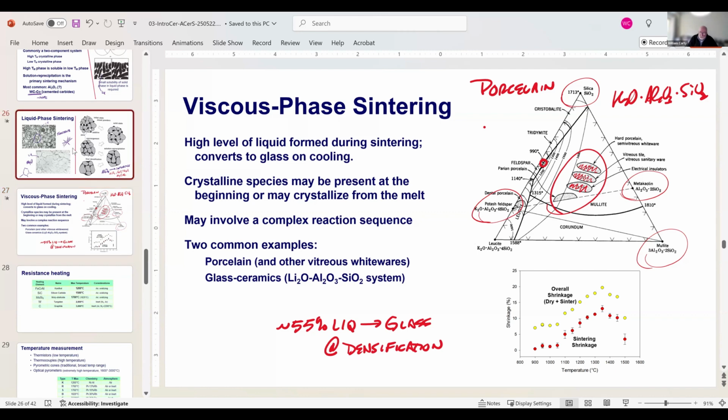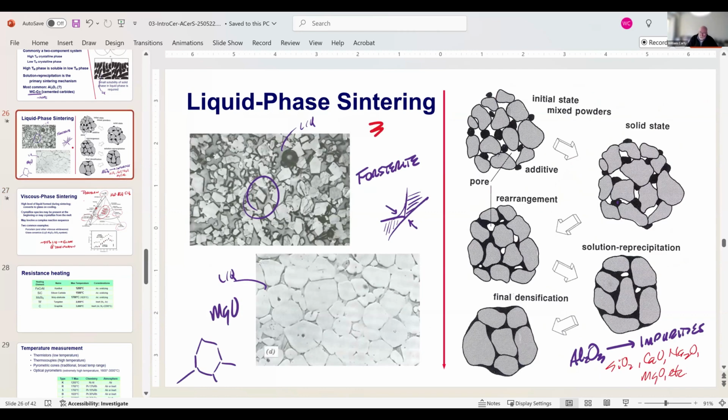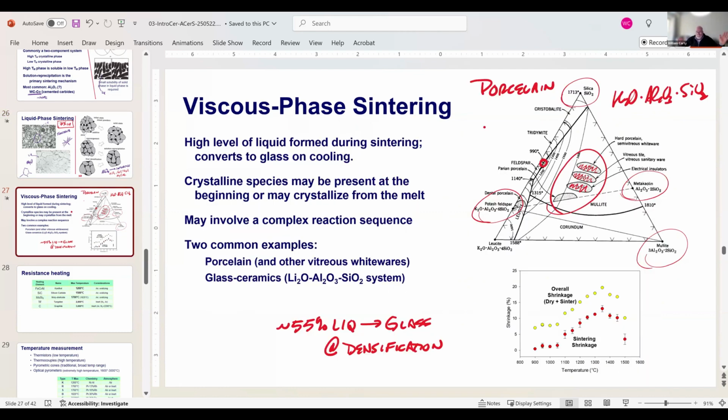Unlike this system, liquid phase sintering, this might be 3% liquid in the system, a small amount, okay? This diagram over here suggests a higher amount than 3, you know, but the fact is that we're talking about a very small amount of liquid in liquid phase sintering. Here, we're talking about 50% of the final microstructure is liquid.